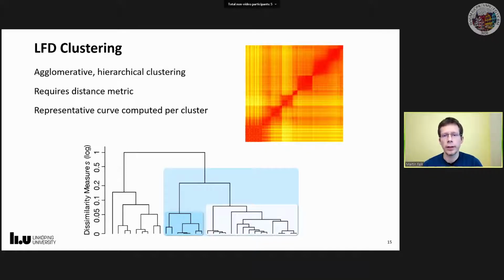In addition, the clustering also requires us to compute a representative curve per cluster. We are using a bottom-up approach, which means that the moment two clusters are combined, we need a curve representing those two. That basically means that having clustered all the representatives together, we will end up with something similar to the global histogram, which we started with.